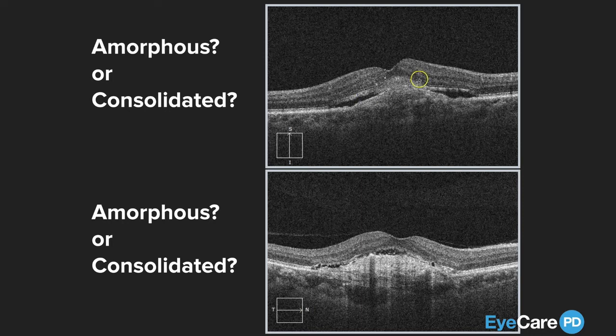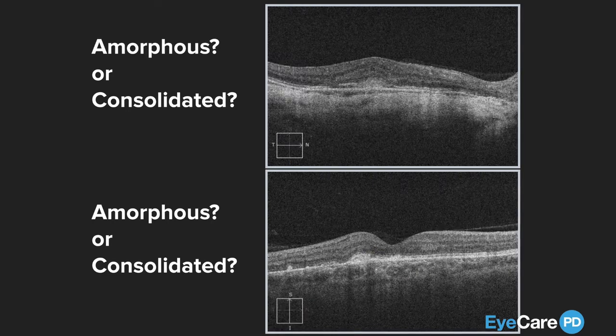Did you find it yet? There is your subretinal hyperreflective material, and this is going to be the amorphous variant on this slide set. Here is your consolidated subretinal hyperreflective material. Let's look at another. Did you find it yet? Do you know which one's which? Good.